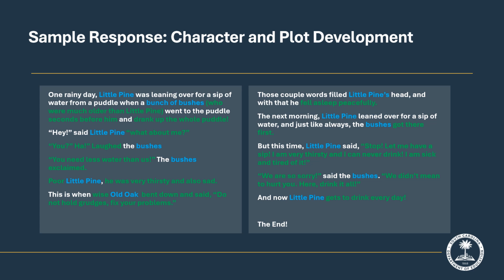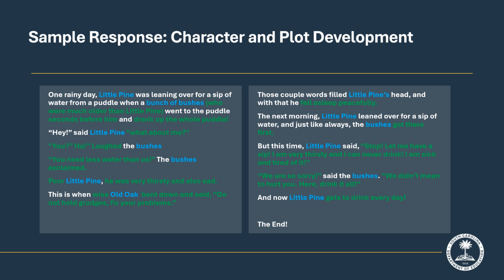Old Oak is a minor character and less developed. Through this student's writing, we learn that the bushes are older than Little Pine, greedy because they drink the whole puddle, mean because they laugh at Little Pine and then yell at him.